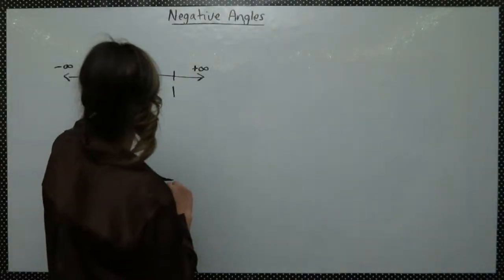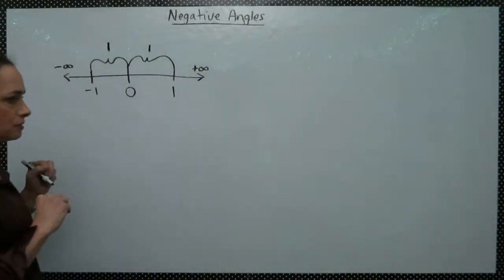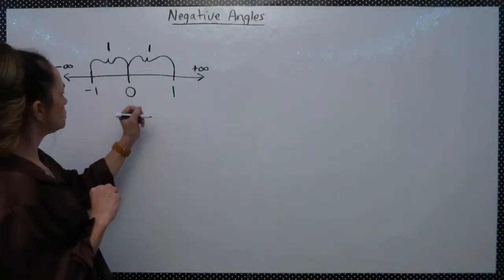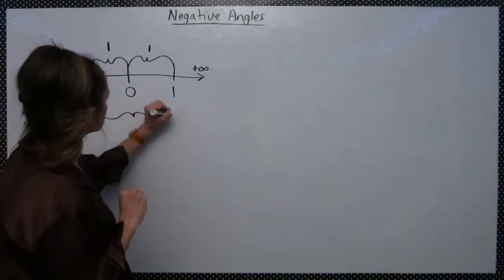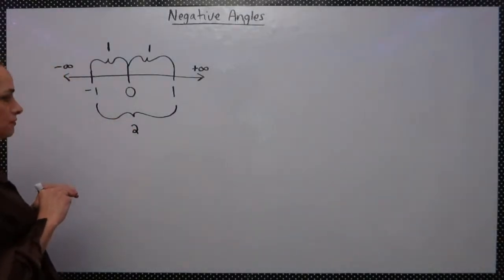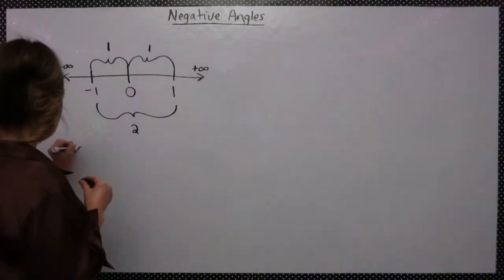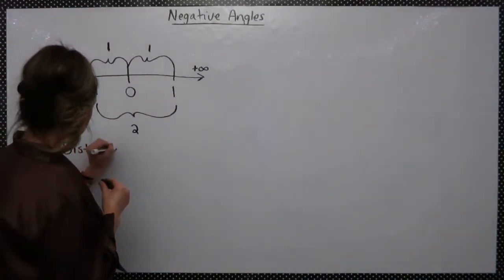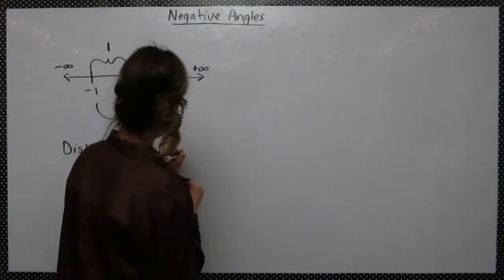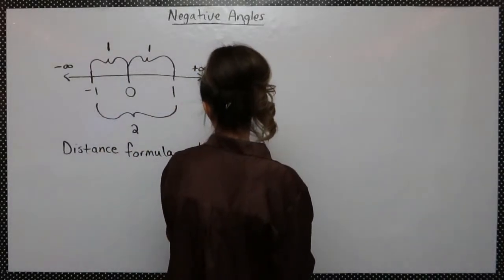And it's the same distance here as the quantity 1. 1 plus 1 is 2. So this entire distance is the quantity 2. And you would find that the old distance formula, if you wanted to use an official formula, you'd say it's the absolute value of b minus a.